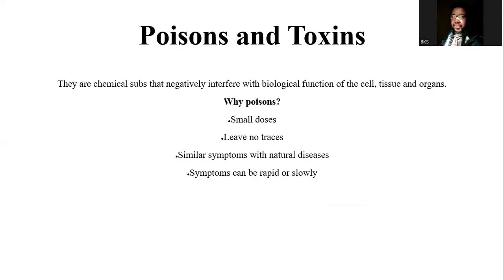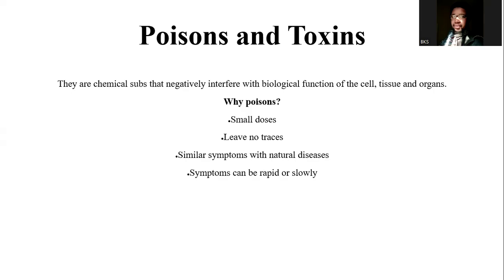Although I have already told you that this part will be an assignment part actually. You will discuss this in the assignment, but still we will talk about one or two things about poisons and toxins, so that while writing the assignment, you should have an idea of where you're supposed to touch.